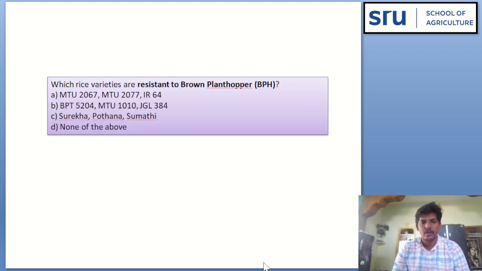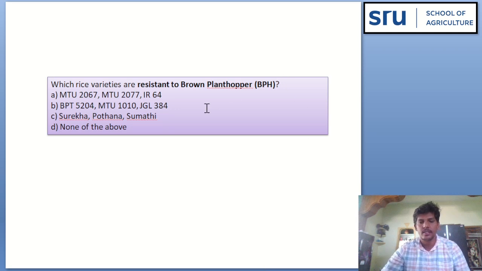Which rice varieties are resistant to brown plant hopper? MTU 2067, MTU 2077, IR64, BPT 5204, MTU 1010, JGL 384, Sureka, Potana, Sumati, none of the above.